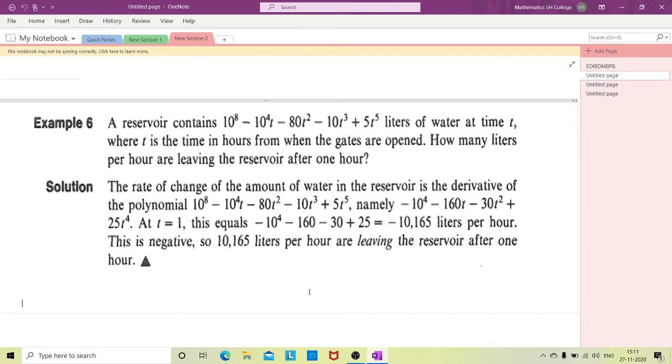How many liters per hour are leaving the reservoir after 1 hour? So here it is given to be a function of time. We can denote this by f of t. F of t is the amount of water flowing and time is given in hours. So how many liters per hour are leaving the reservoir after 1 hour?